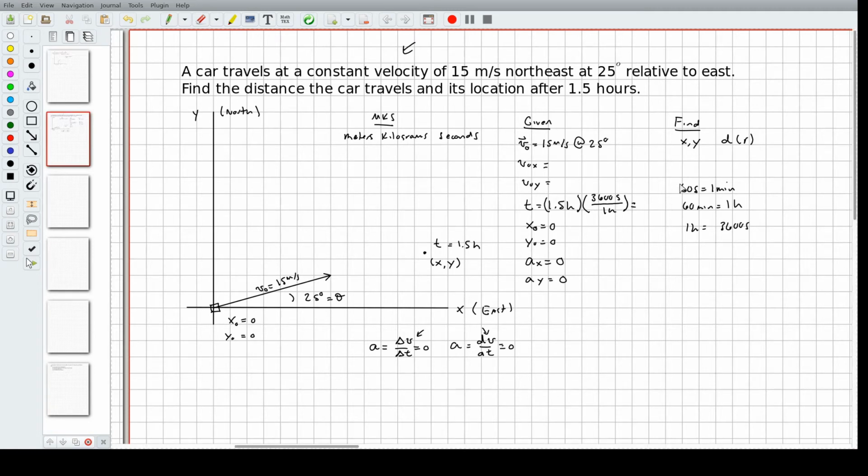Now, if you do the math, I can find my calculator right here. It is 1.5 times 3,600, which is 5,400 seconds.